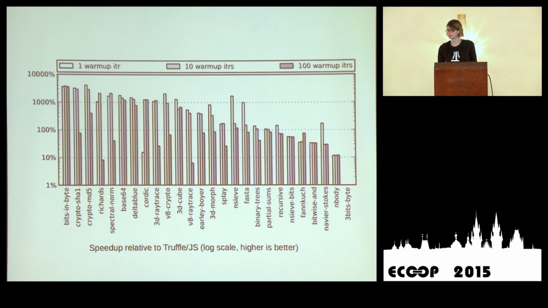I was told by the Truffle.js people that maybe this comparison isn't entirely fair to Truffle, because possibly it might take closer to 500 or 1,000 iterations for Truffle to reach peak performance. But I think this graph makes an interesting point, which is that Higgs, with basic block versioning, only needs 1 iteration to reach peak performance. And after 1 iteration or 10 iterations, we perform very well compared to Truffle.